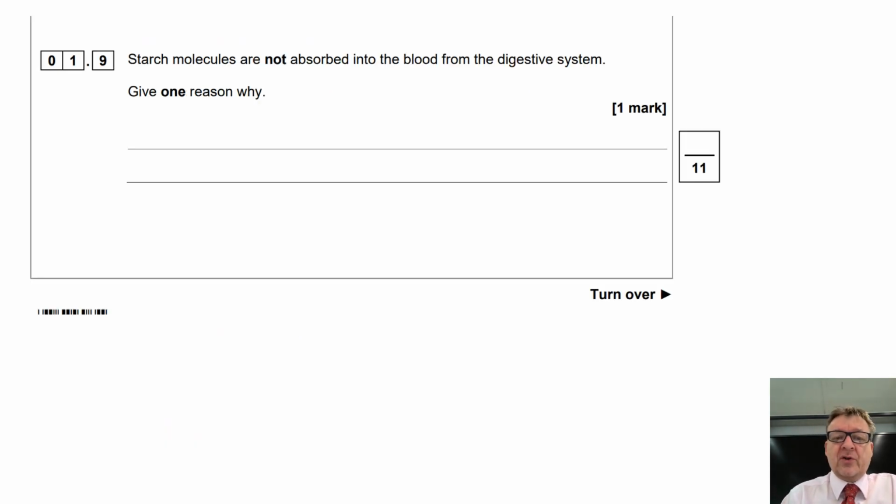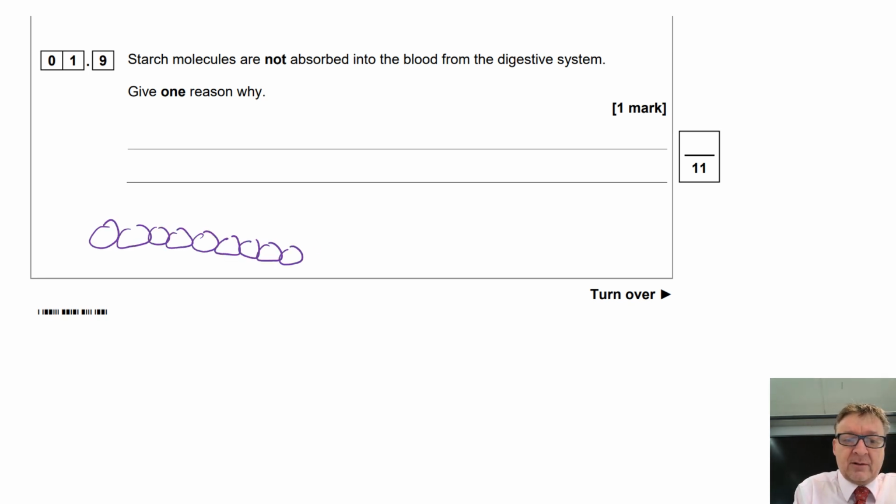Starch molecules are not absorbed into the blood from the digestive system. One reason why. Okay, I'm going to draw starch. Here's starch. I could keep on going forever and ever. Right, there's starch. Starch is big.